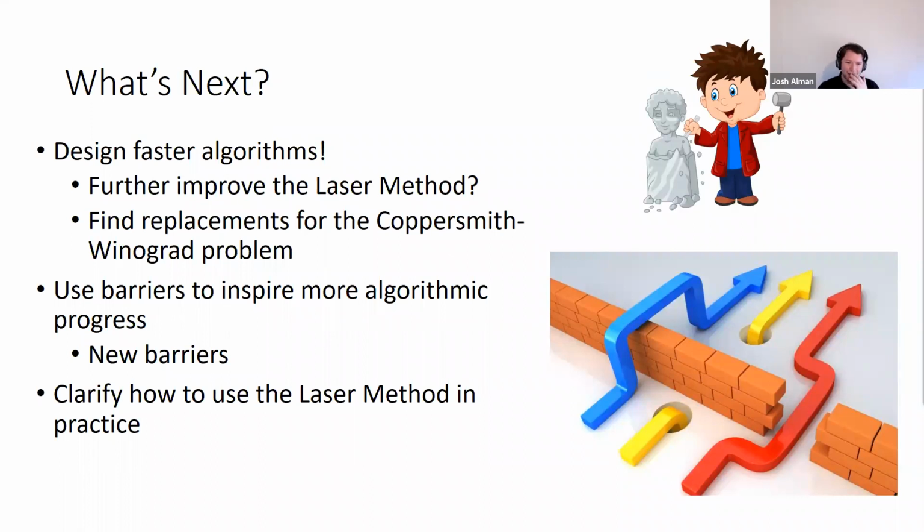But I think it would be really interesting to see if any of these different ideas that have gone into fast theoretical algorithms could be used to design more practical algorithms as well. And barriers might even be a nice lens through which to study this problem, to see if any of the steps have barriers and somehow require large constant factors, or if there are any that could be used in practice as well.